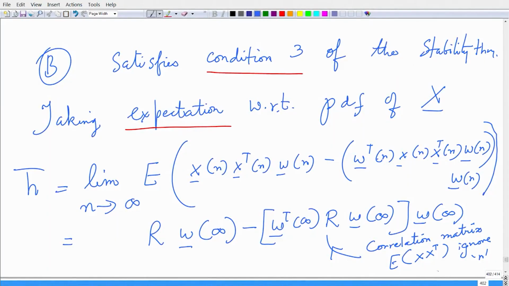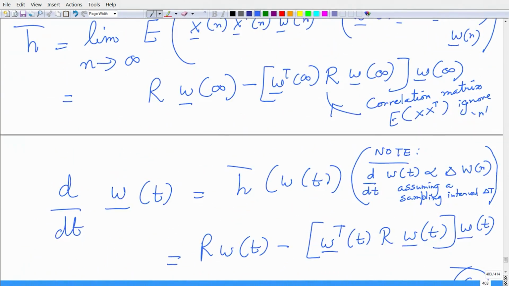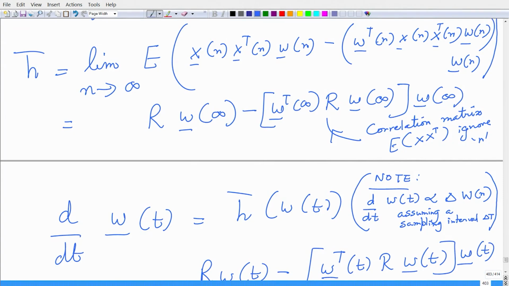Okay. Now, let us go further. dW of t by dt is h bar of W of t, and how did I get this, right? Because I was talking about difference equations and weights that were updated at discrete time steps. Now, the differential operator d by dt is a linear differential operator, assuming a sampling interval.